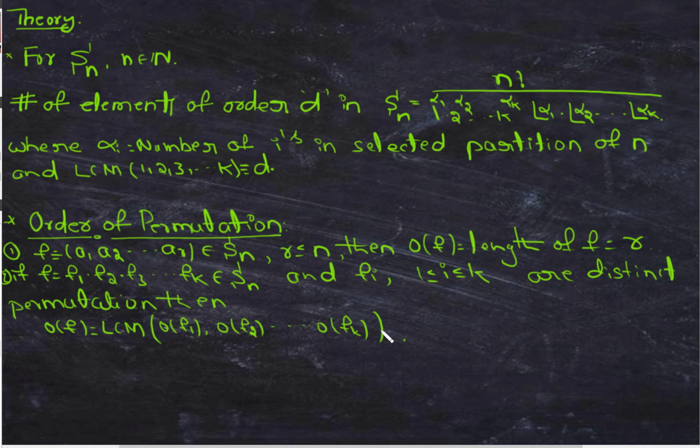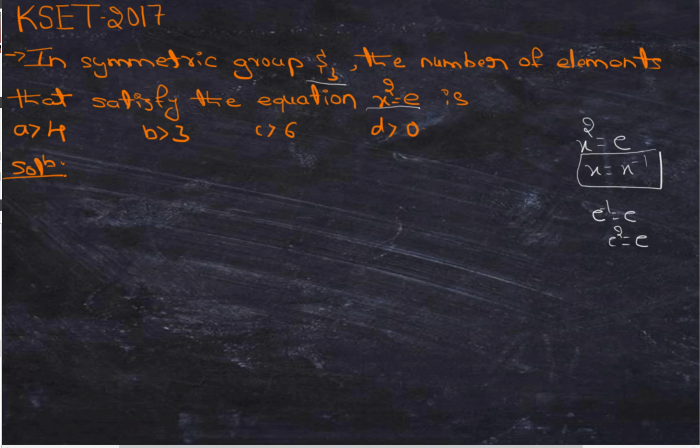Now come back to the example and try to solve it. It is a simple question. We can do this by two methods: the direct method, writing the elements of S3 and checking which are self inverse, since those satisfy our condition, or using the partition method.